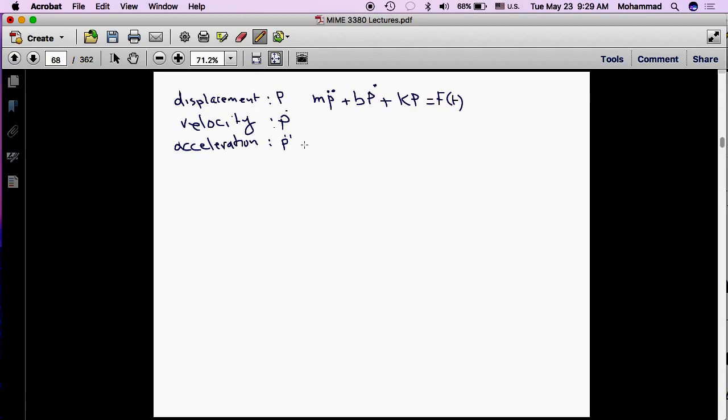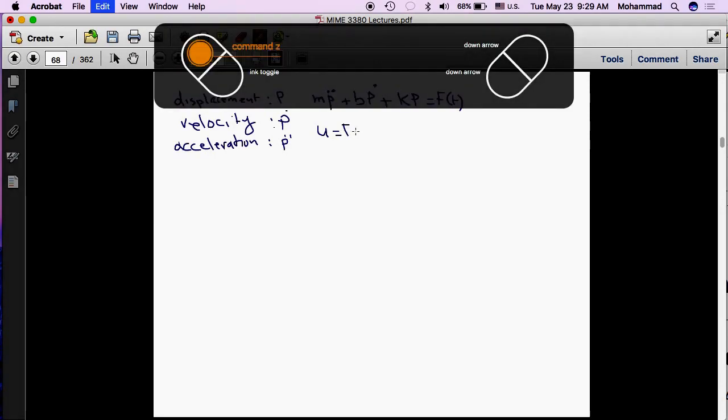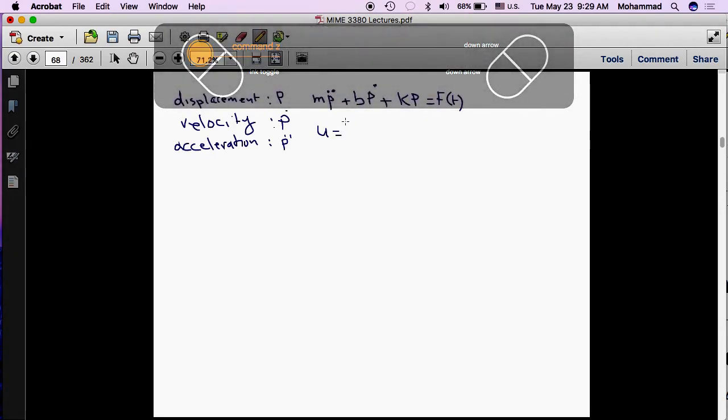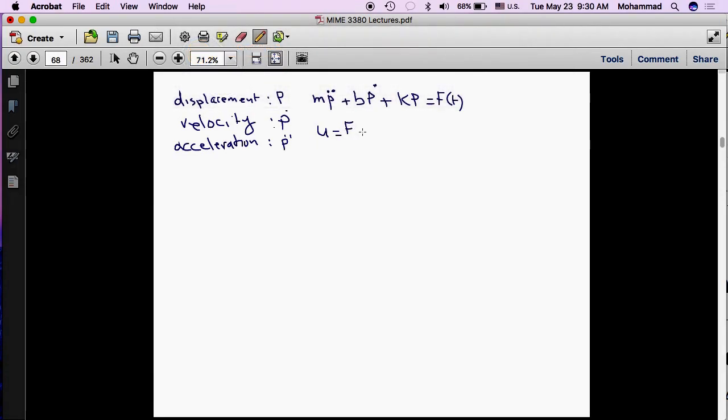Okay, so let's stay here for a second. What is the input to the system? Okay, so u is going to be F. So that's the input to the system. What is the output or possibly outputs of this system?